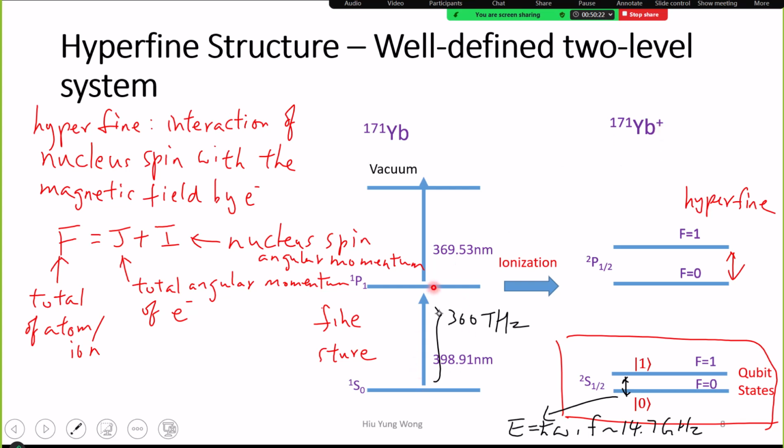So we apply two laser pulses to go through this state, once to here, another to vacuum. The reason is that this can filter out different isotopes. This can make it very pure, right? I'm not very familiar with this, but you can take a look at the paper if you're interested. They do this for some reasons, because you have other isotopes, okay?